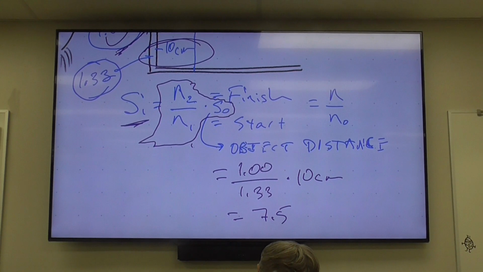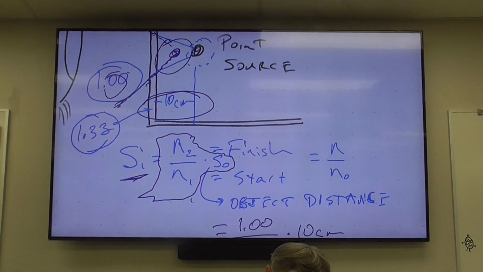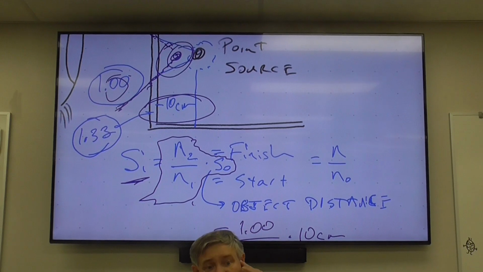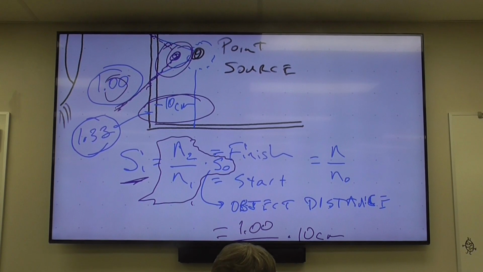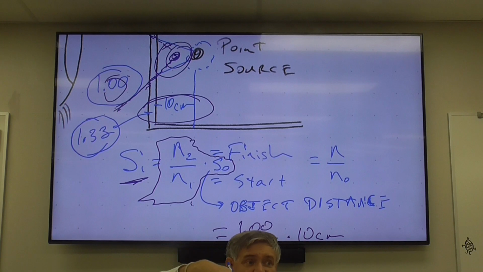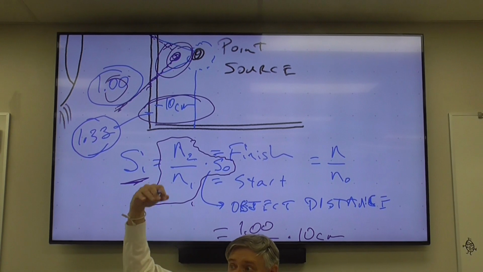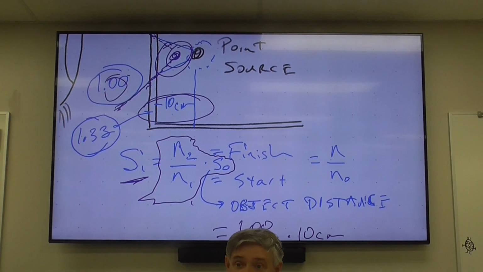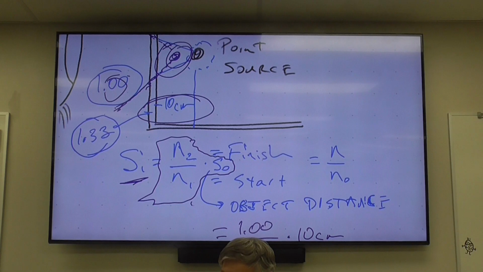So what that tells me is that this object is going to appear to be only 7.5 centimeters in front of the glass. In reality, it's 10 centimeters. This is why if you ever go spear fishing and you're trying to stab something in the water, that's tough, because the depth is going to be off.